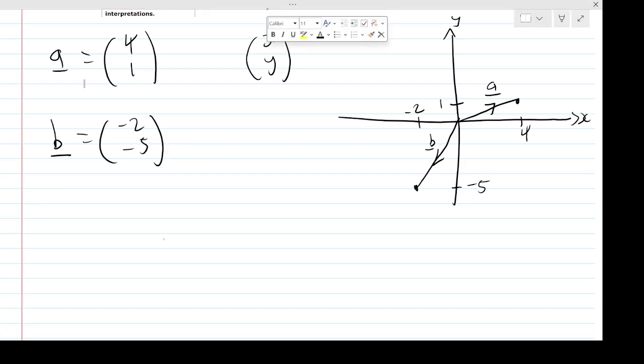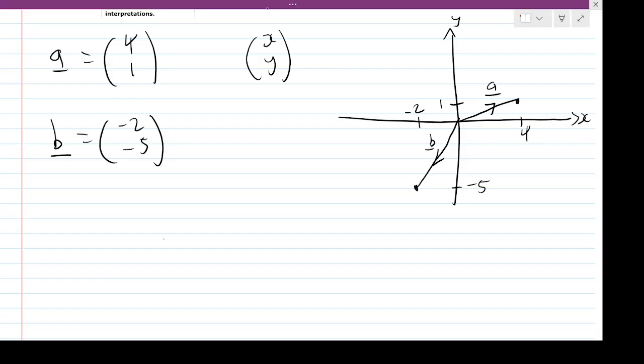We can draw the vector, sure, but this isn't expressed particularly as a vector per se. It's just a column of numbers, so it's not entirely clear what this means, which is where we introduce something called i, j notation.